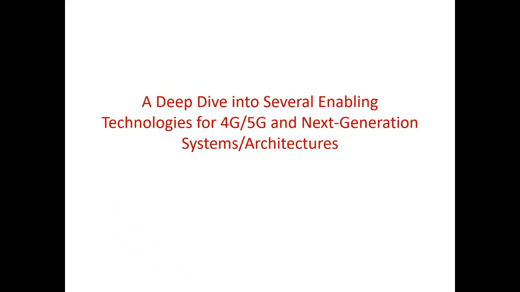Okay, so that concludes the first part of my talk. Now for the next maybe about half an hour or so, let me take maybe more of a conceptual look at some of the enabling technologies for 4G, 5G, and even for the next generation 6G and beyond type of systems.